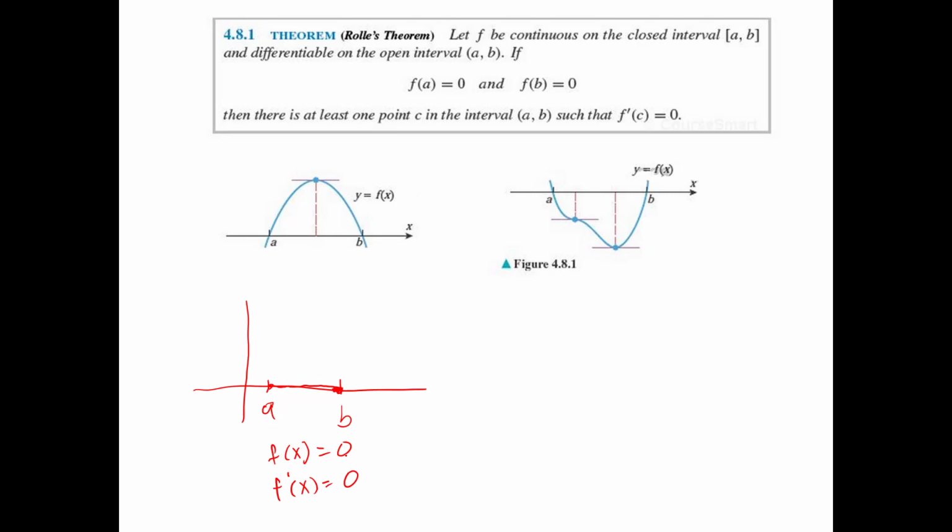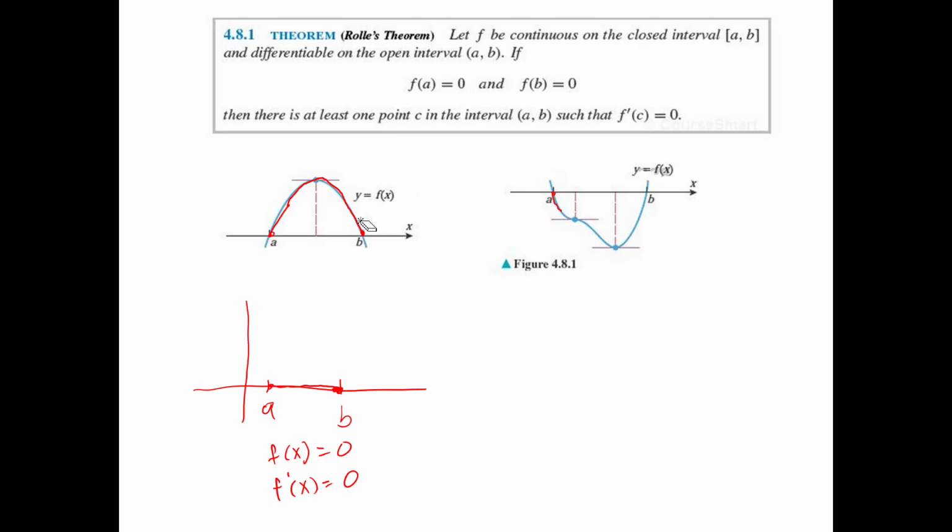Okay, so then suppose you didn't go straight across. If you didn't go straight across, then you must have gone up or gone down. Let's go over the gone up. If you went up, right, then you're looking at a continuous function on a closed interval that is differentiable on the open interval. And so then you're guaranteed by the extreme value theorem an absolute max and an absolute min.